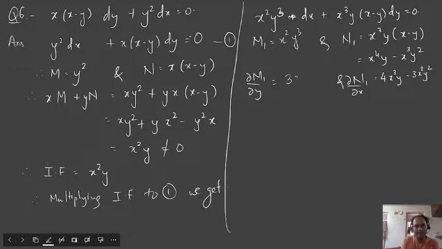So it is 3x square y square, obviously. Now is this becoming equal? It is not becoming equal, so we have to be very careful while doing this. In most of the books they have not even checked whether it is an exact differential equation, they just get it done. They have not even checked in most of the cases whether it comes out to be exact or not after solving.